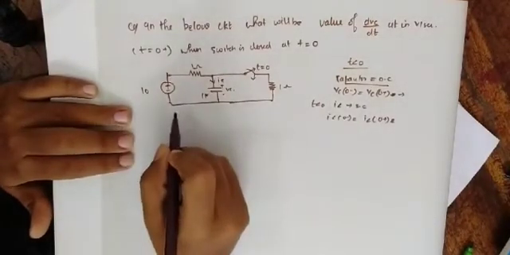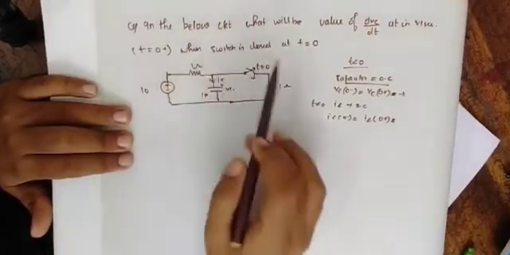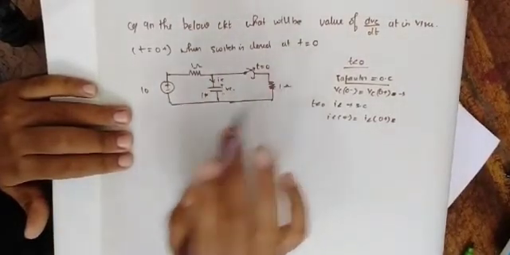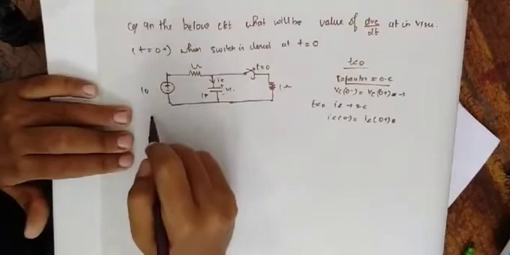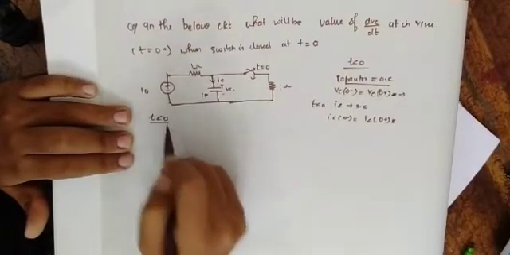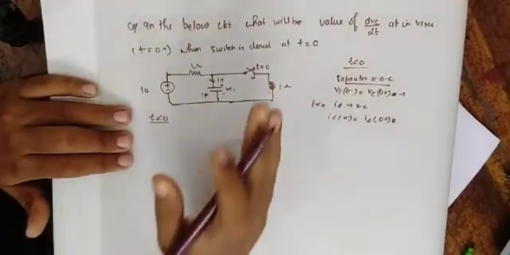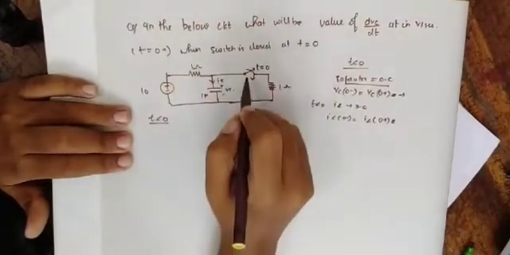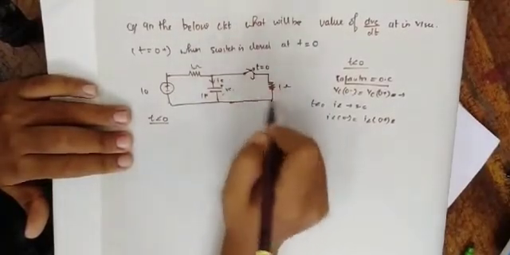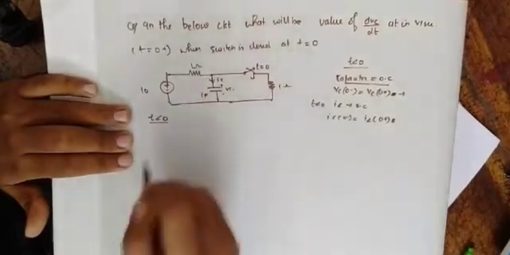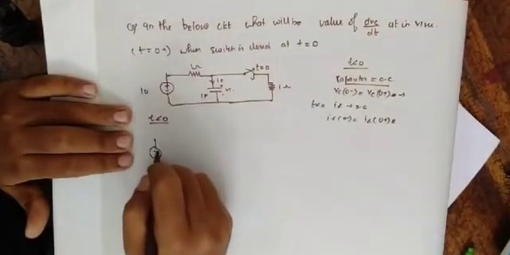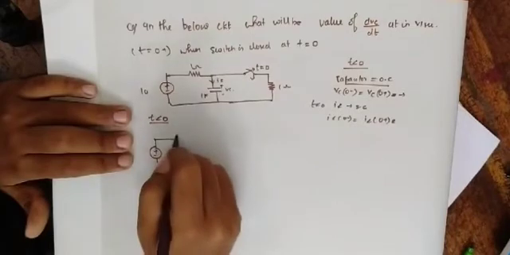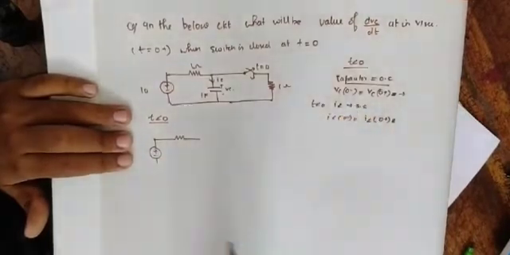So in the question it is given that the switch is closed at t is equal to 0. So we'll have to find out what will be the capacitor voltage when t less than 0. When t less than 0, the switch wasn't closed, so this connection is not there. I'll draw the circuit over here when t less than 0.